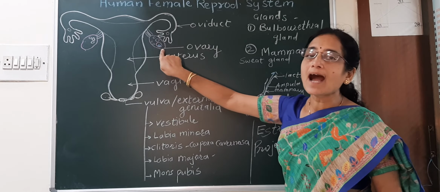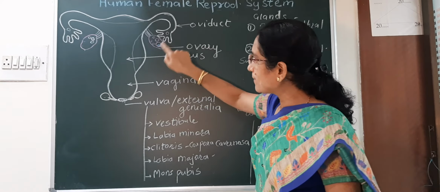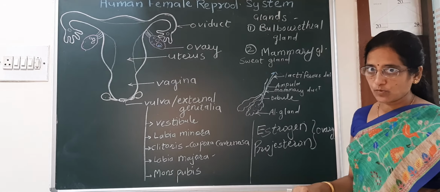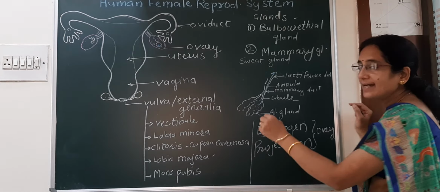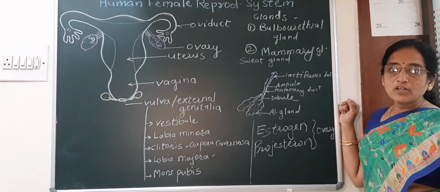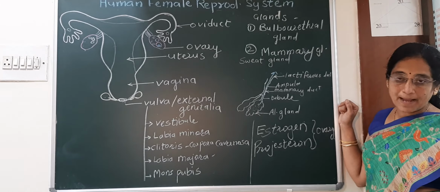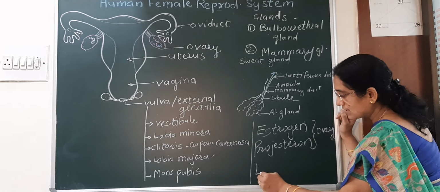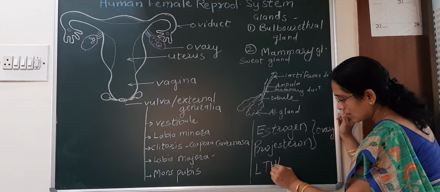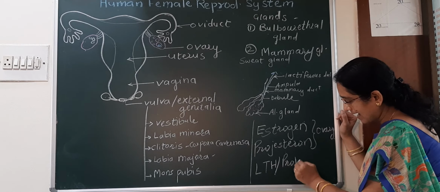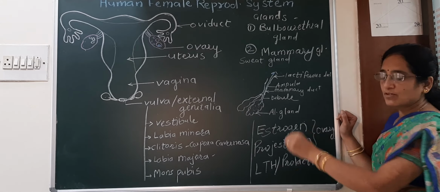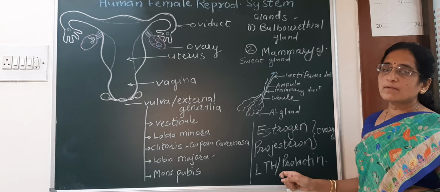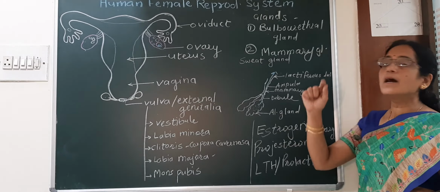So the ovary has a double function. It produces the ovum as well as two female hormones. The third hormone, LTH or prolactin, is secreted by the pituitary gland at the time of pregnancy, and it is responsible for formation of milk in the mammary gland.